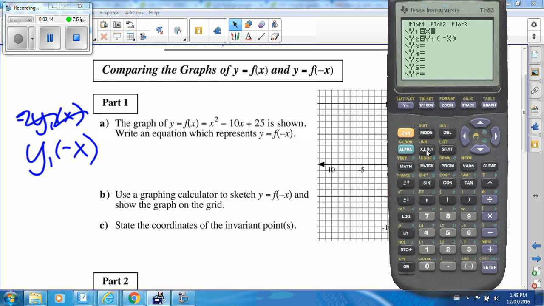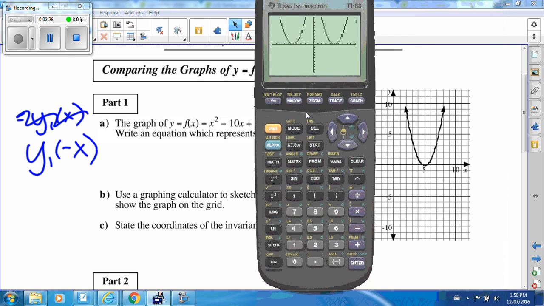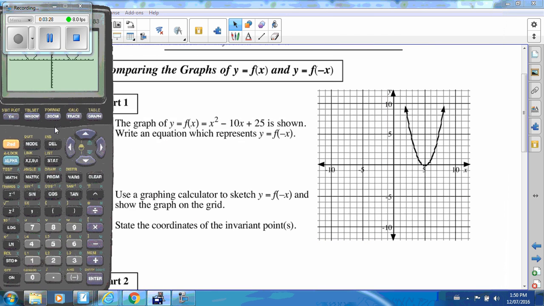So this is x squared minus 10x plus 25. Get my graph, there's my original, there's my image. So in this case, it's the x that's flopped over. So instead of having a vertex at positive 5, we now have a vertex at negative 5.